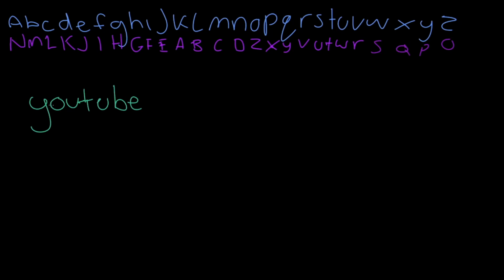So the first one on YouTube, we see Y. We go up to the end here, we find Y. We find that the first letter in our plaintext is now P.